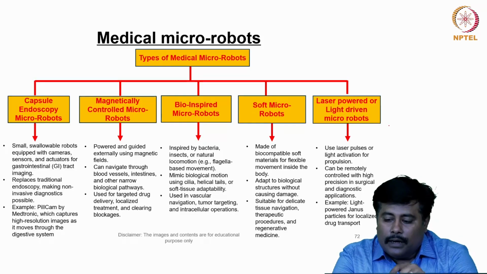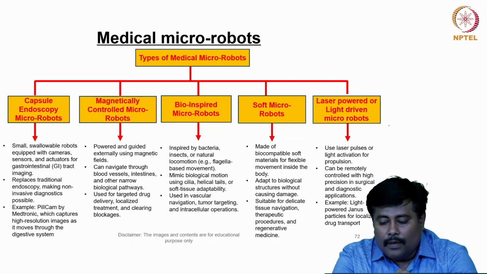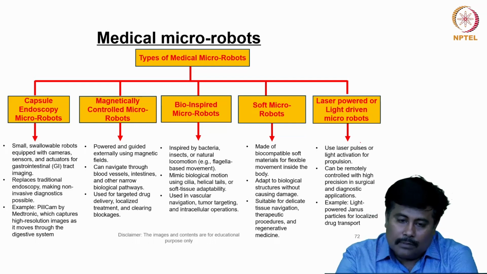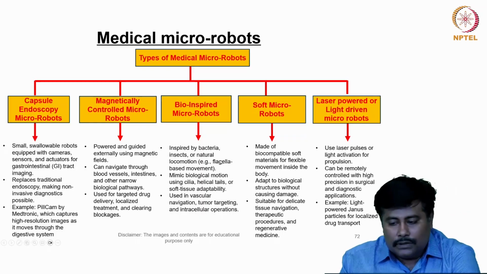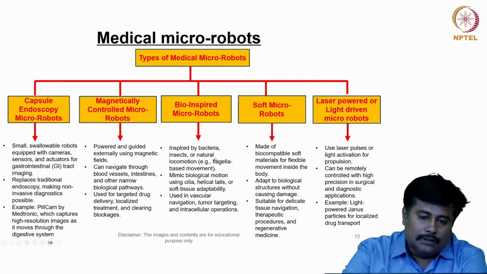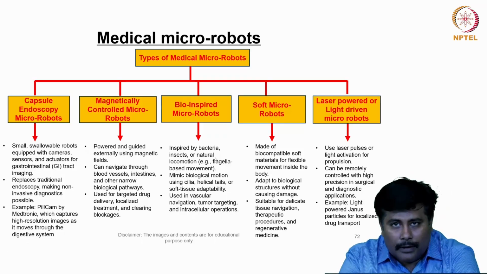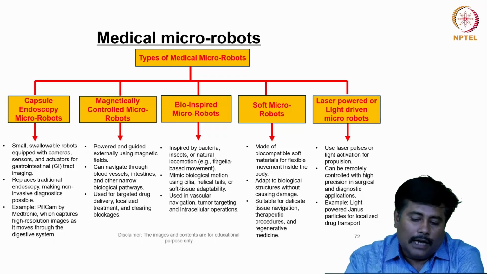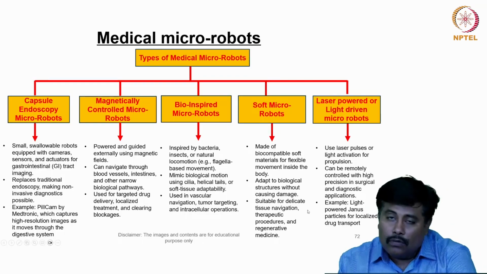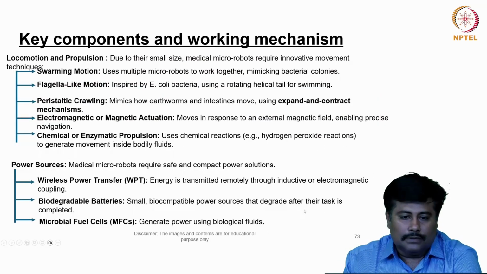It can be remotely controlled with high precision in surgical and diagnostic applications. Some examples include light powered Janus particles for localized drug transport. So this slide summarizes the overall types of medical robots, how they are classified, and the different modes of actuation employed in the system.